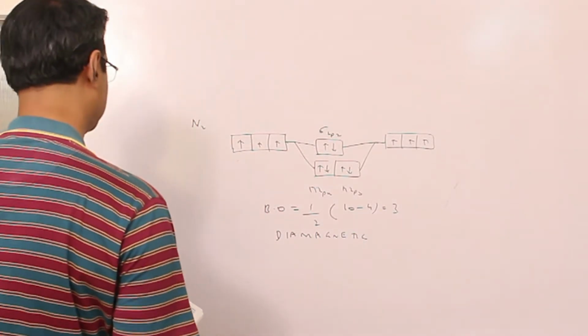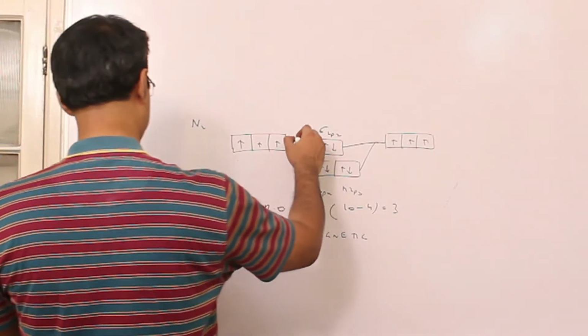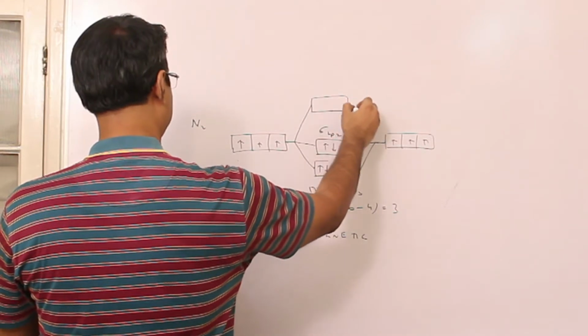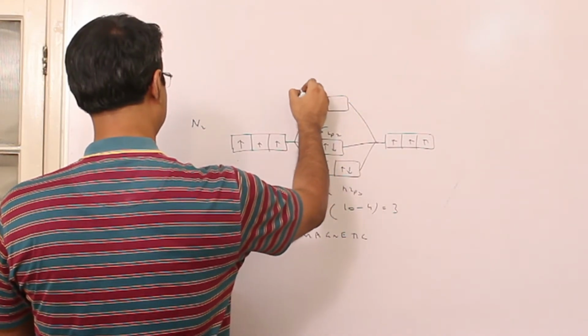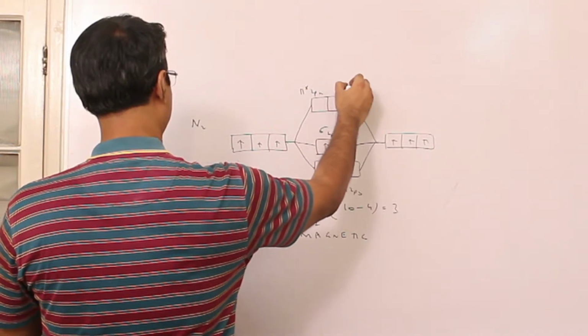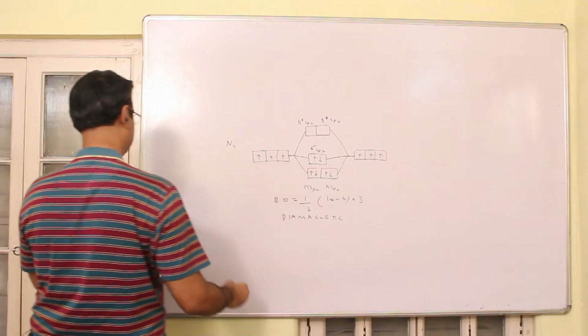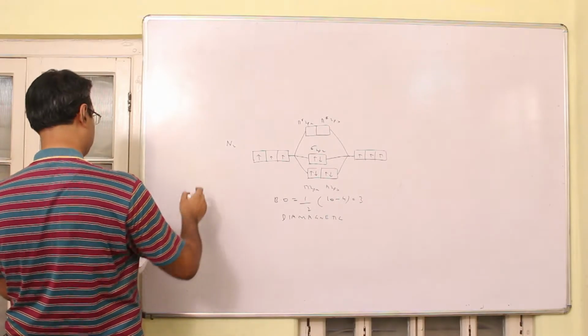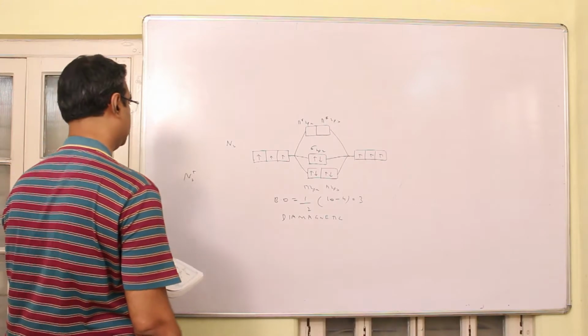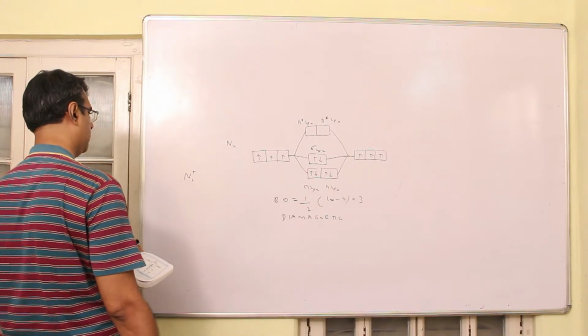Now, the next molecular orbital is available, but we are not using it right now, that is pi star 2px and pi star 2py. Let's have a look at some other species which are related to N2. First, let's look at N2 plus.